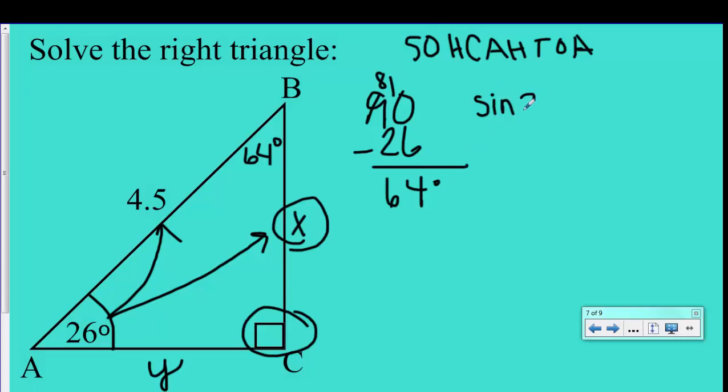Sine of the angle, which 26 degrees is the angle, equals opposite is x, hypotenuse is 4.5. Cross multiply, sine 26 degrees times 4.5 will give us x.